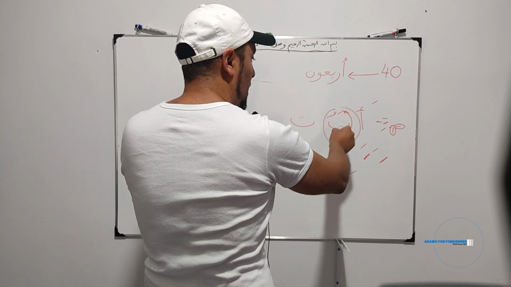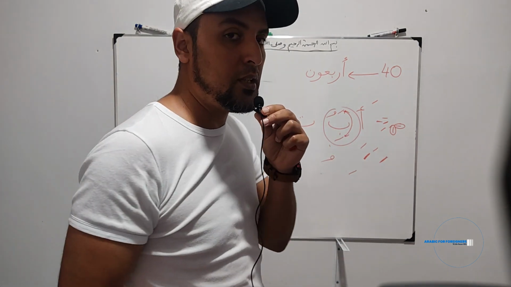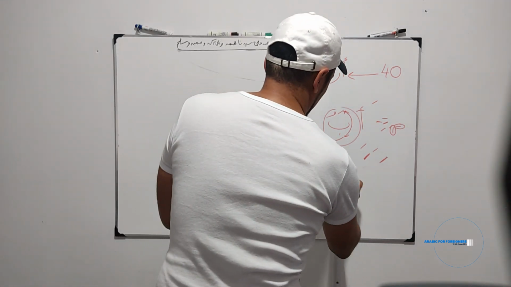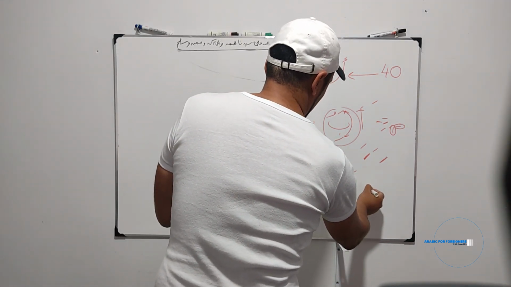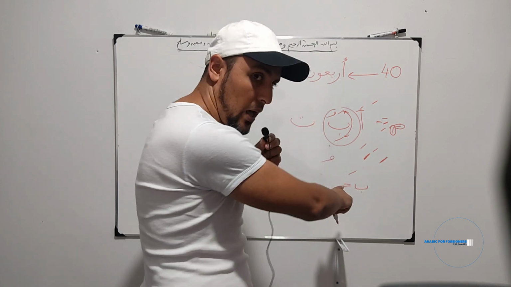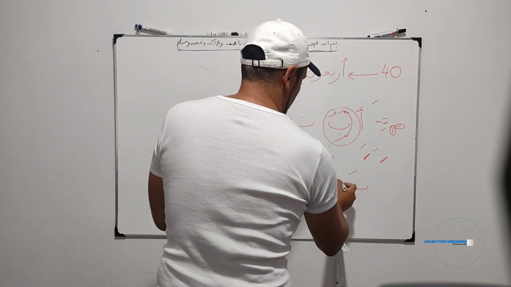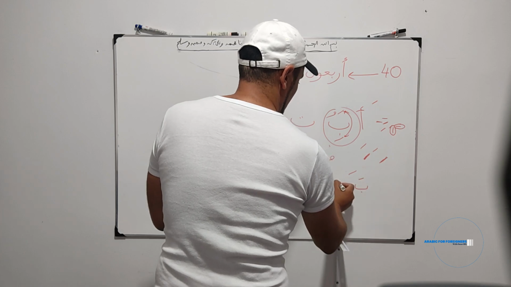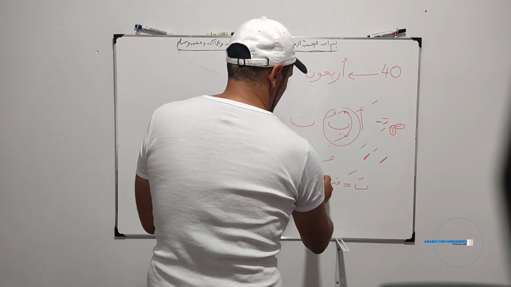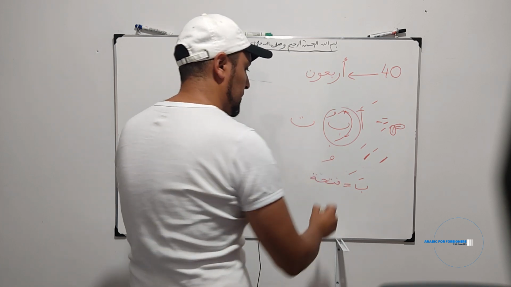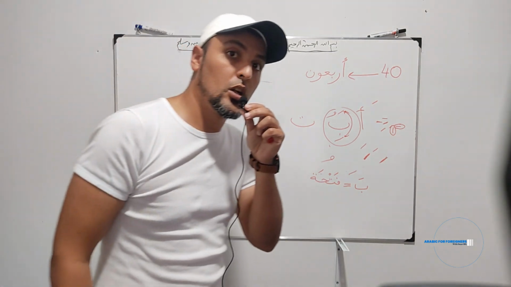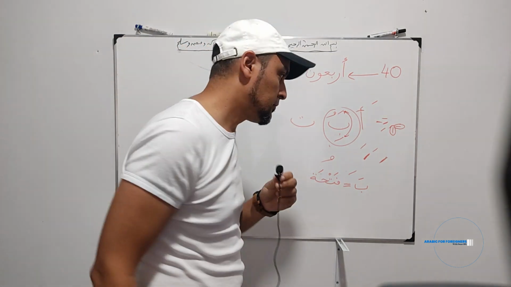So if this small short line is above the letter, we call it fatha. For example, ba. This is the letter ba in Arabic. Fatha. We call it fatha.